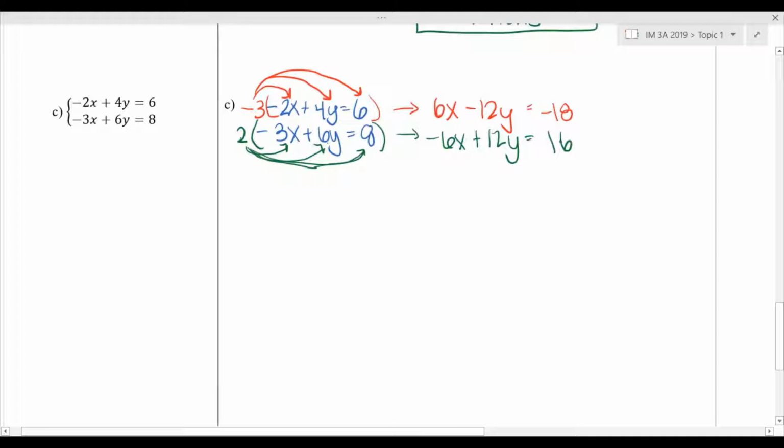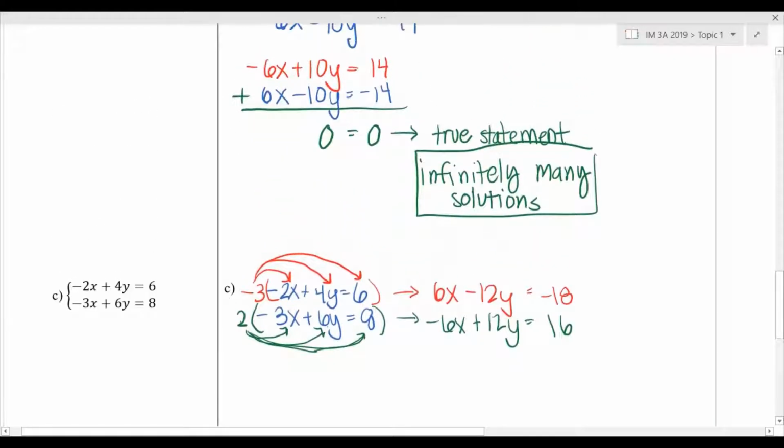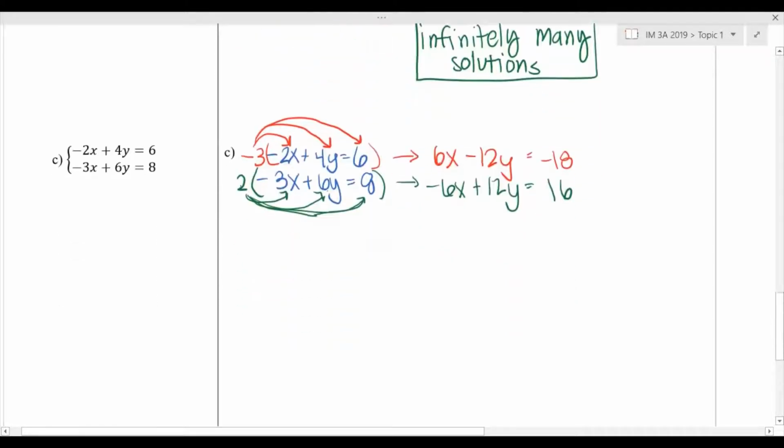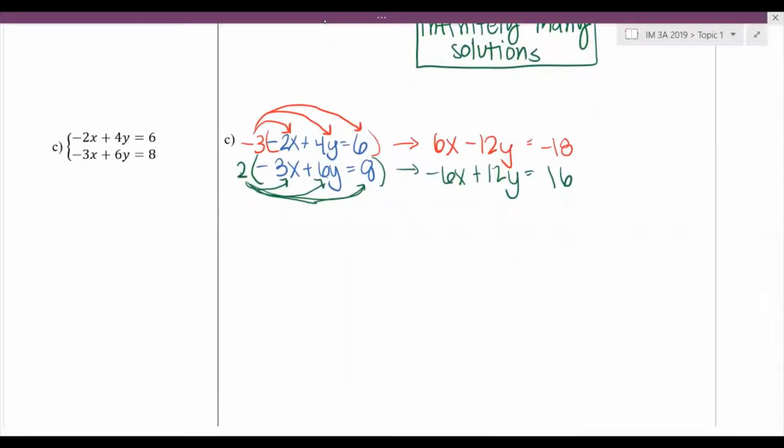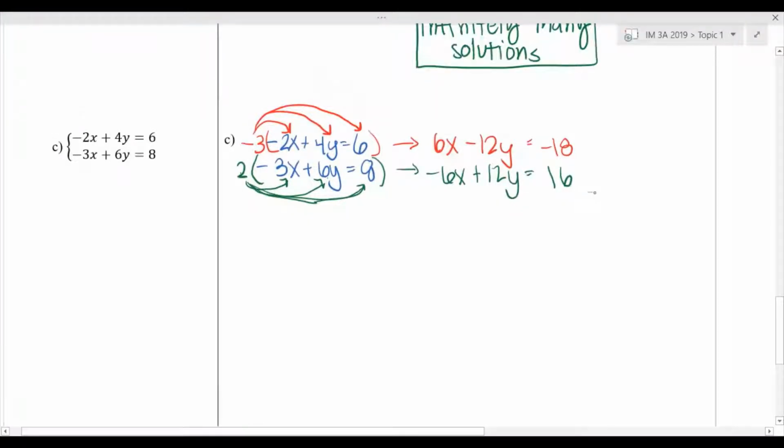So what's different now is that our equations didn't end up exactly the same, right? In that one, we had the same exact numbers, but opposite signs. This one, we have all opposite signs, but notice these two numbers are different. And so when we go ahead and add these two things together, the left side is complete opposites, right?